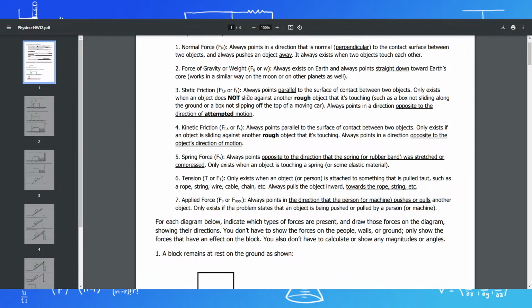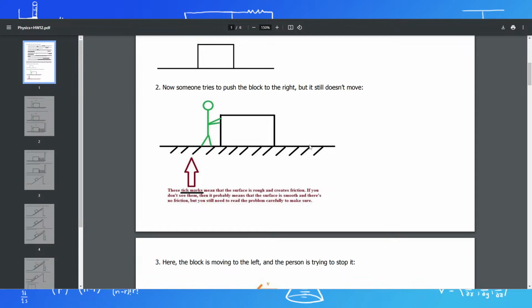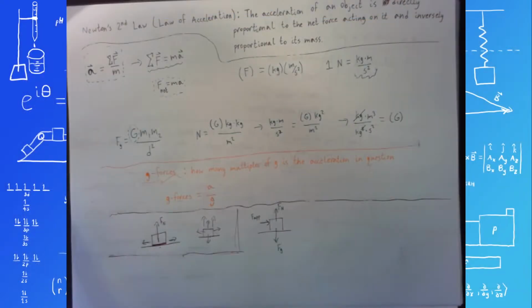And again, we'll talk about these two types of friction and the differences between them in more detail in a later lesson. But for now, just the fact that the box does not move tells us that this is a static friction force, and its direction for static friction is opposite to the direction of attempted motion.